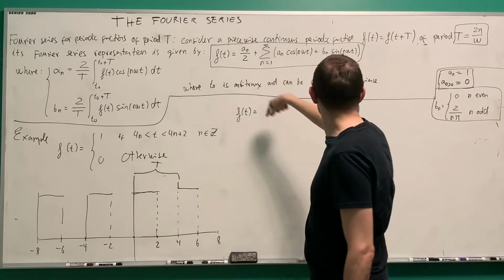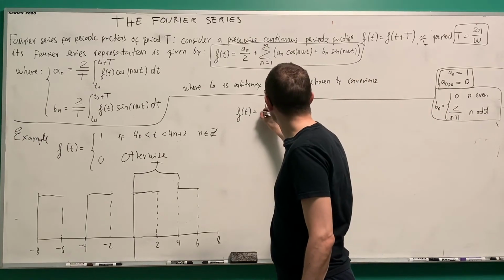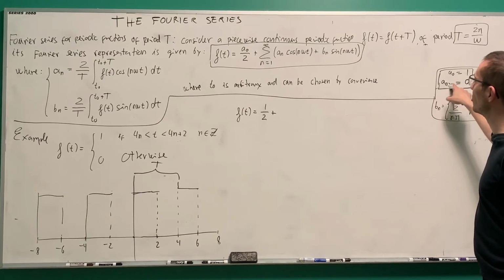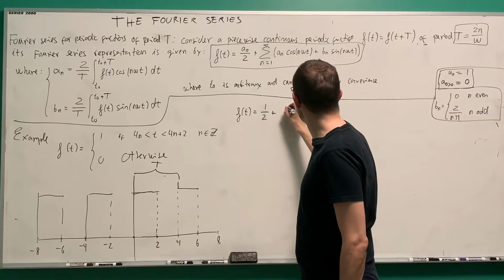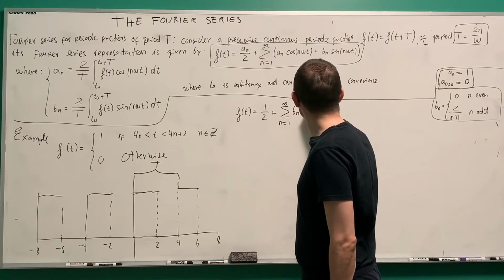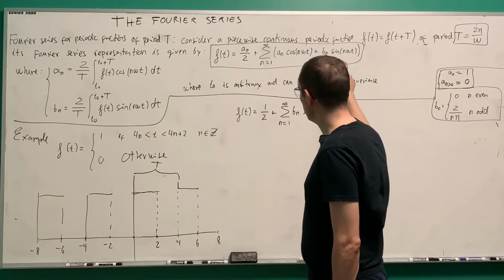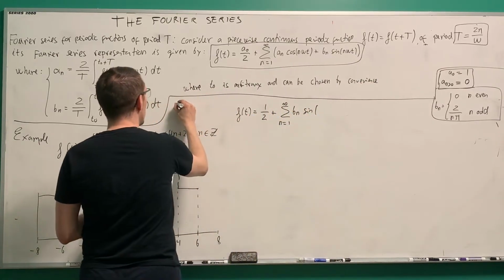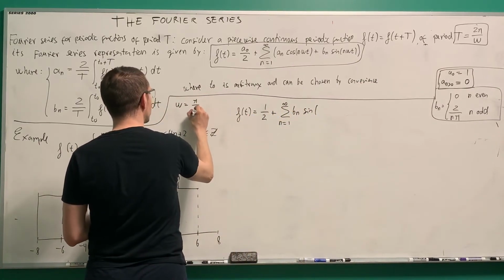The series tells me A0 divided by 2, so 1/2, plus there are no cosine terms. Wonderful, so I have only sine terms. Sum n equals 1 to infinity, Bn sine. I have to remember what the omega was here. Omega here is pi over 2.